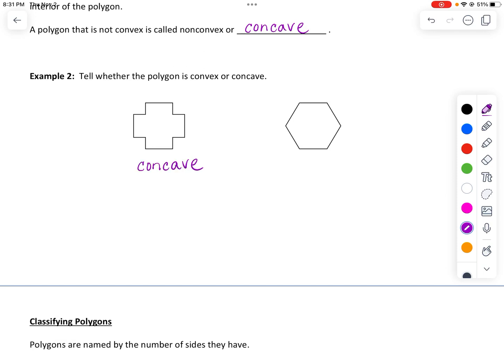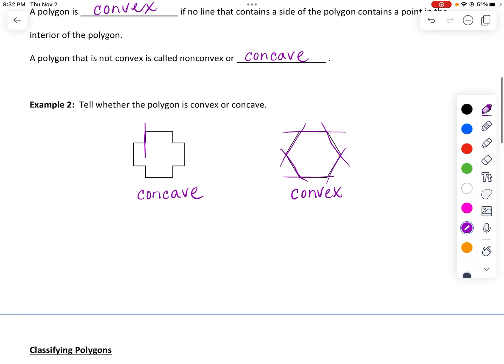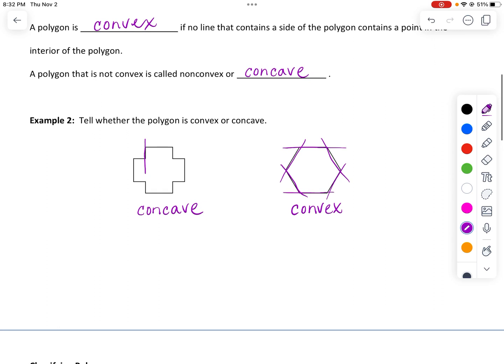That is because if you could find at least one side that, if you extend it, so if I look at this side here and extend it, I end up inside the polygon. And so that's considered concave. Whereas the shape next to it is considered convex because no matter which side I extend, I would never end up inside the polygon. So that's what the definition up above was trying to say.